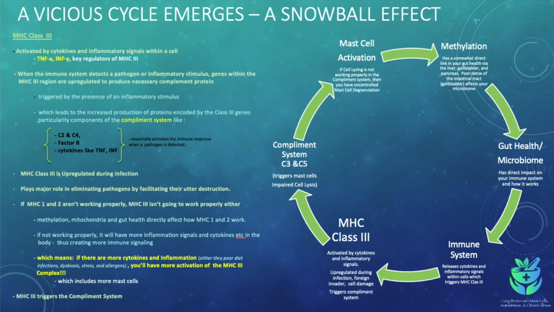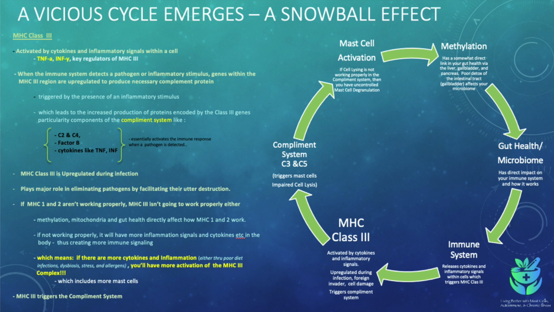Okay, the MHC class 3 in here is activated by the cytokines and inflammatory signals within a cell. That's the tumor necrosis factor alpha and the interferon gamma, and they are key regulators of the major histocompatibility class 3. When the immune system detects a pathogen or inflammatory stimulus, genes within the MHC3 region are upregulated to produce necessary complement proteins.